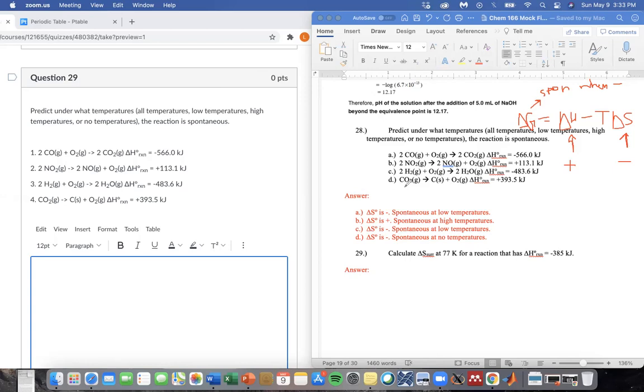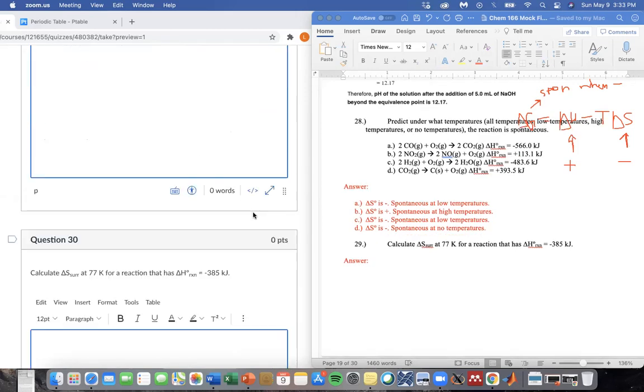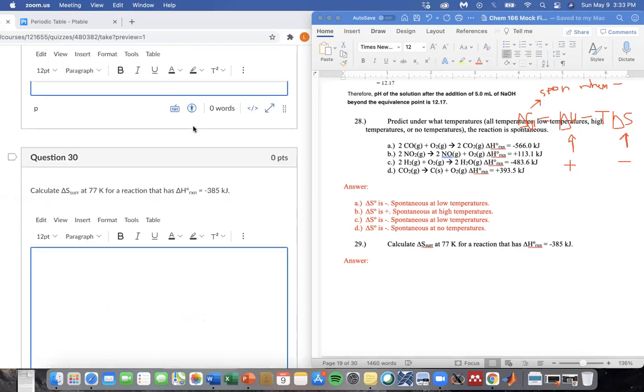And then if you compare CO2 to O2, there's way more complexity in CO2 than there is in O2. And so because of that, no matter what the temperature is, you're always going to get a positive delta G value, so it will never be spontaneous. So it's spontaneous at no temperatures for D. I'm not sure how it's labeled.